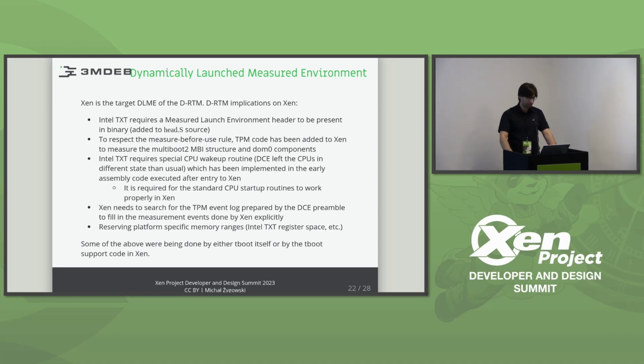What we needed to do in Xen hypervisor, for example, to make it be launched by Intel TXT, is a Measured Launch Environment header. It is an Intel TXT specific structure described in the TXT specification, which I mentioned earlier. We also had to add the TPM code that is responsible for measuring the dom0. We also added code to extend the event log, which is provided by the DRTM.